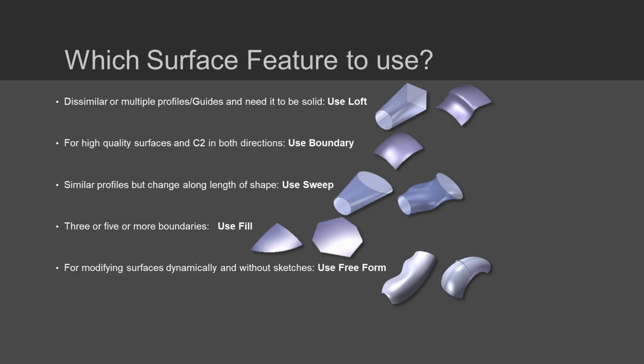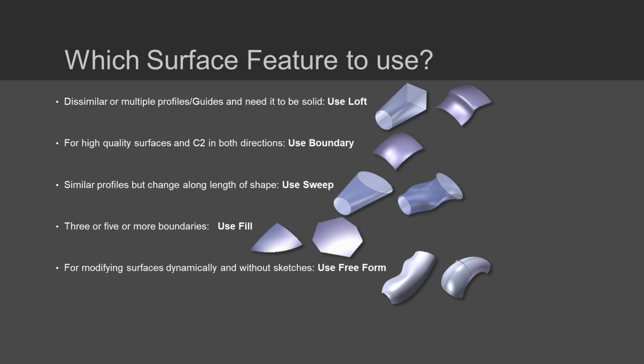So, boundary. What is boundary and how is it used? Well, I think to answer that question, we need to compare it against some of the other more popular features in SolidWorks. So you're undoubtedly familiar with Loft. Boundary is very, very similar to Loft.